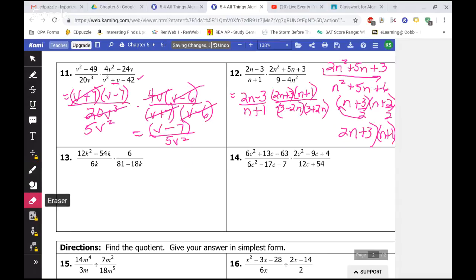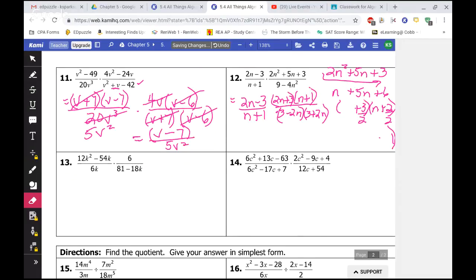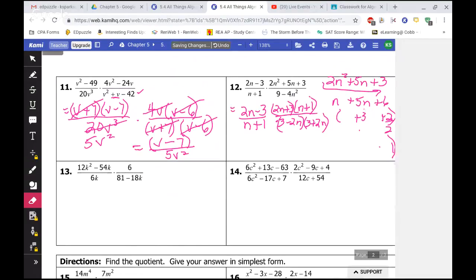Garrett, the way Miss Wynn does her factoring, she does the AC method, and instead of having a trinomial, she gets a polynomial with 4 terms.